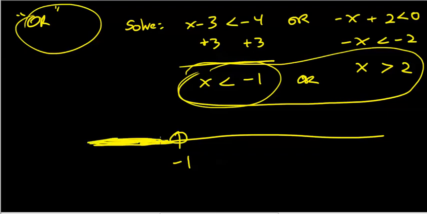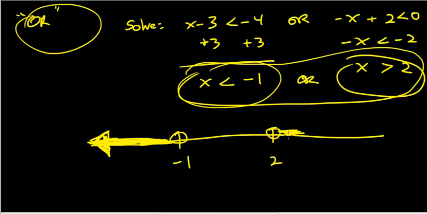So I'll indicate that with an open circle at minus 1 with everything shaded to the left. Or greater than 2 means to the right of 2. Again, no set closure. 2 is not included, but everything to the right of 2 is. So there is the graph of my solution set to that given or statement. Okay?